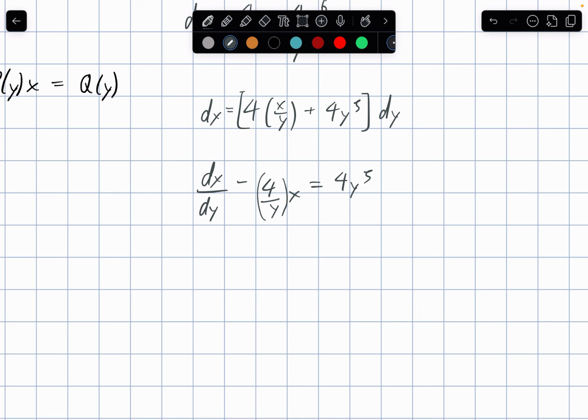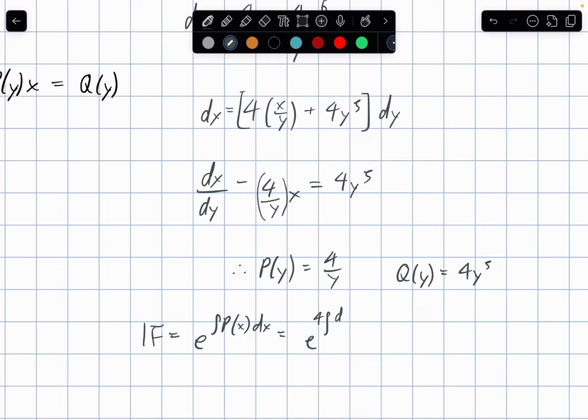Okay, so let's now identify p of y is equal to 4 over y. Q of y is equal to 4y raised to 5. Okay, now let's identify the integrating factor: e raised to integral p of y dy.